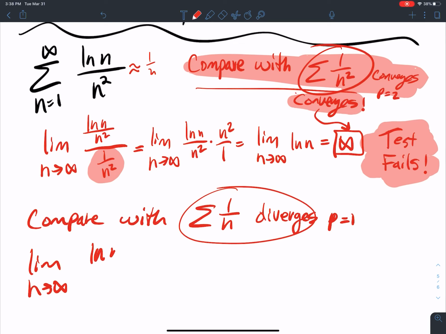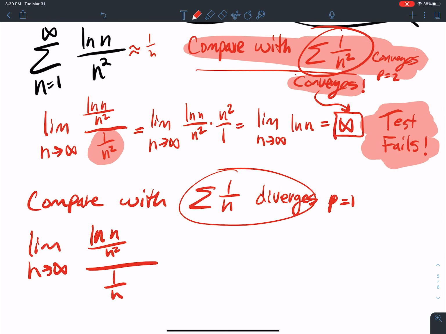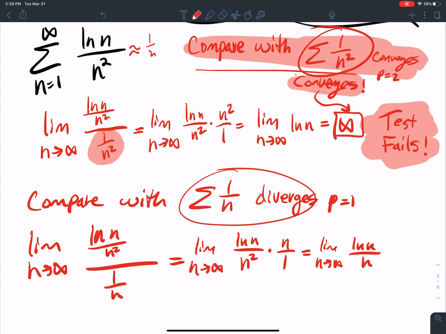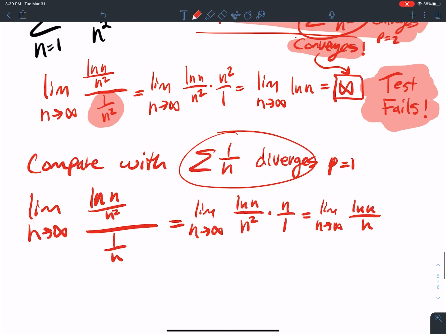So ln n over n squared divided by 1 over n. When I do my simplification, limit as n goes to infinity, ln n over n squared times, keep change flip, ln n over n. How do I do this?